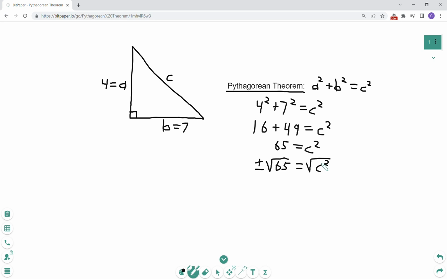I'll cancel out the square, and I'll cancel out this whole big square root. So I just have c on the right-hand side. So it's equal to c on the right, and on the left I have this plus or minus square root of 65. But now if I look at the value for c, that's going to have to be positive because I can never have a negative length. So I'll just completely ignore the minus sign here and just use the positive sign.